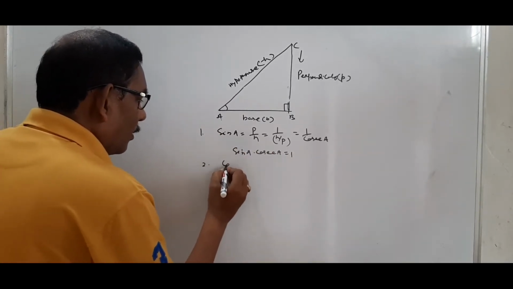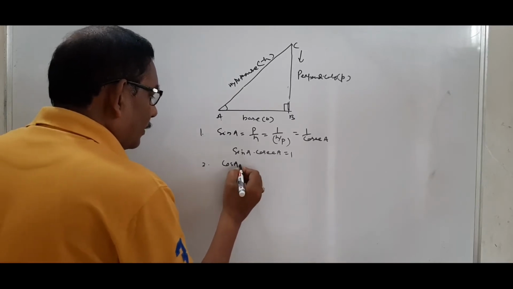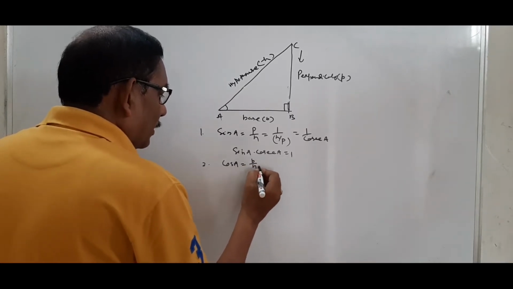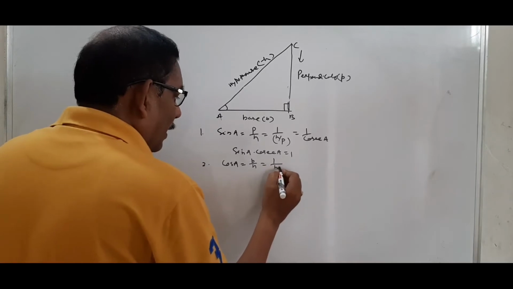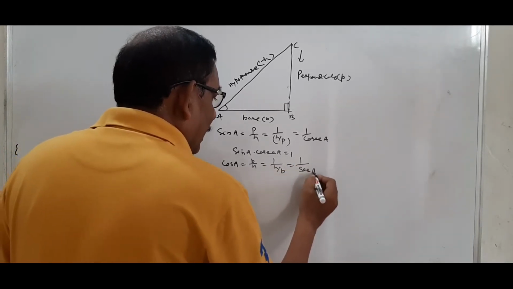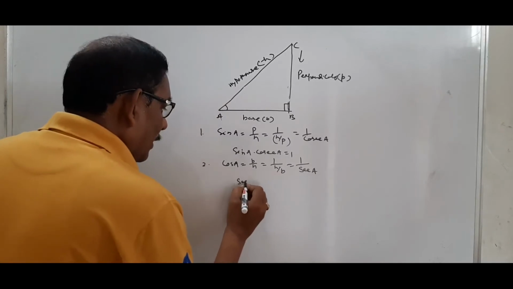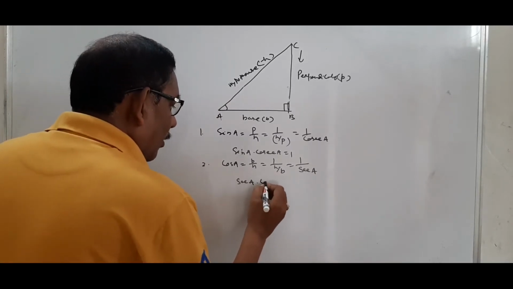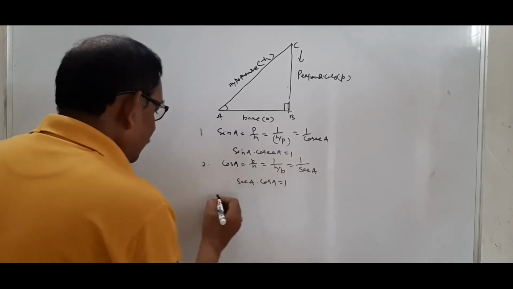Similarly, cos A equals B by H, that is 1 by H by B, 1 by sec A. It means sec A and cos A is equal to 1.